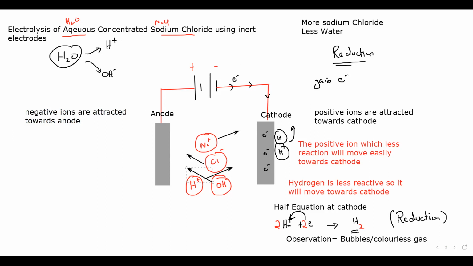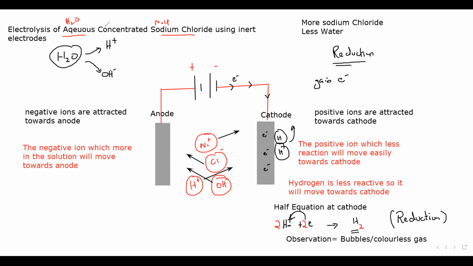But how do we identify which negative ion will move? The negative ion which is more in the solution will move towards the anode.